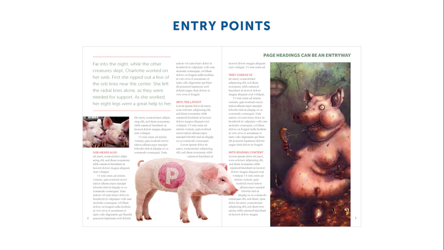So as you move forward with your layouts, the key is to engage the reader. It's very difficult to get people to read, even content which they have asked for. So you need to get them engaged, and that is your job as the visual communicator, is to pull them into the layout through these different entry points, and then hopefully they will engage with the content.